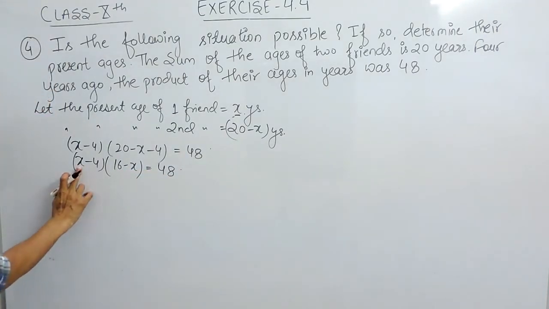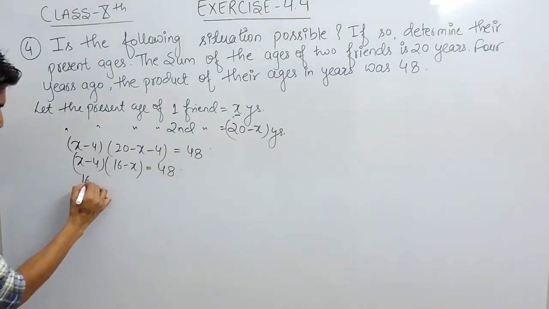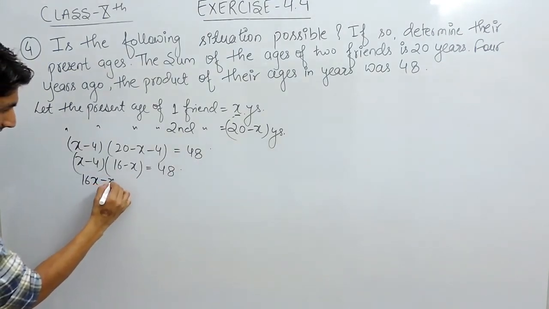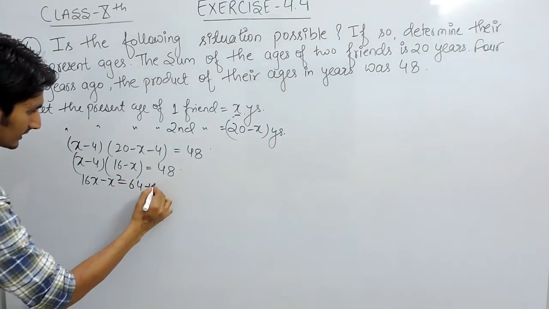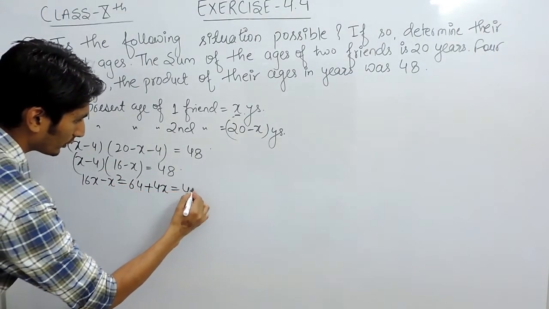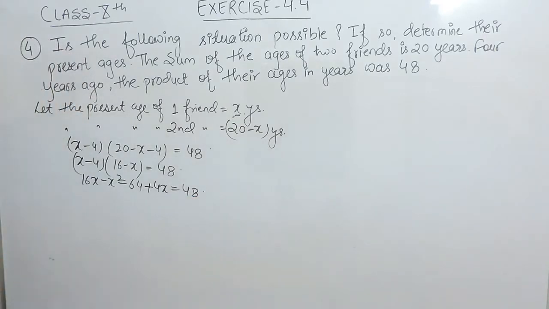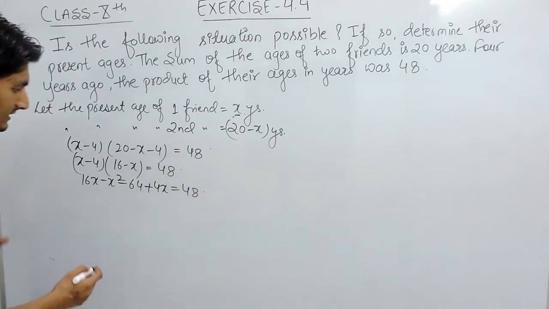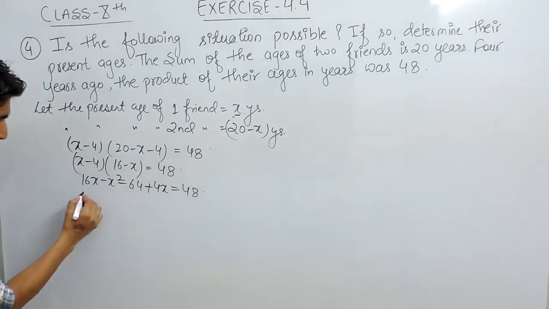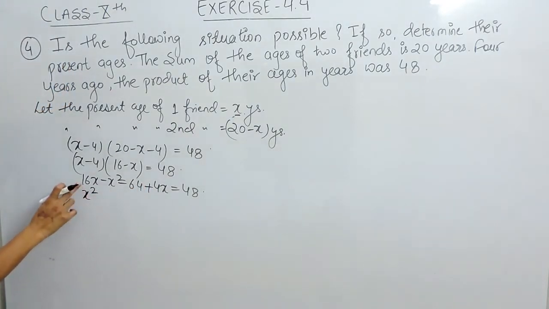Now solving this, x into 16 is 16x, x into x is x square, 4 into 16 is 64, and this is 4x equals to 48. Now shift all the terms to the right hand side. So on the right hand side this minus will be positive x square.